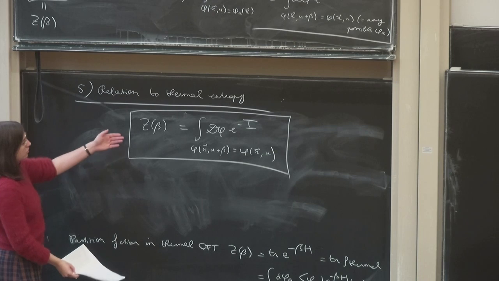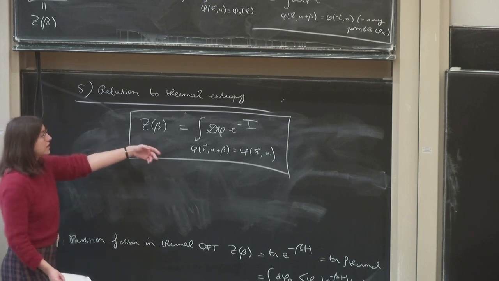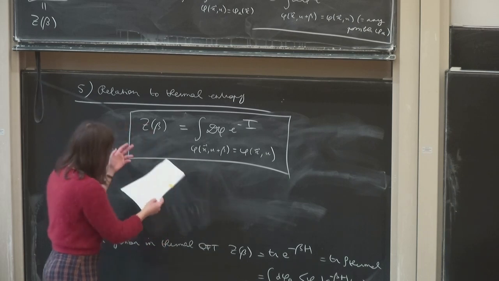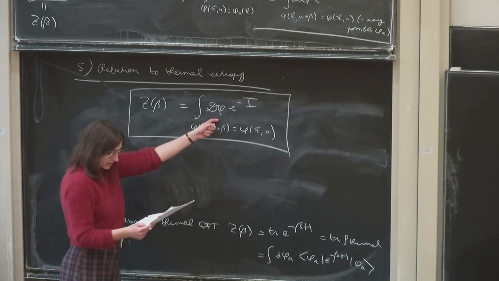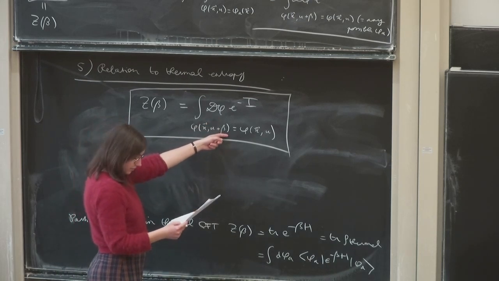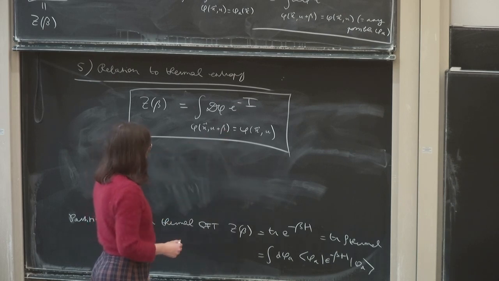Okay, conclusion is that the partition function of a thermal QFT at inverse temperature beta is equal to the Euclidean path integral over all periodic paths in Euclidean time of length beta.